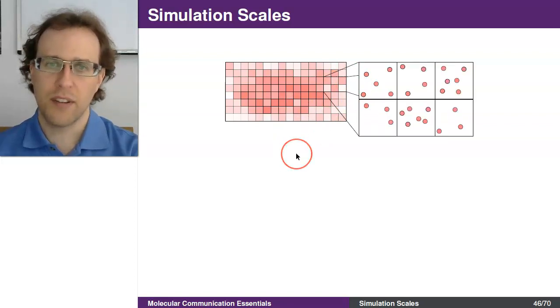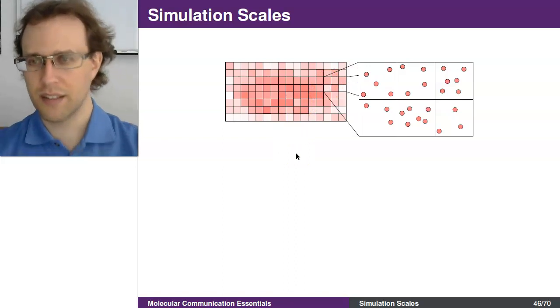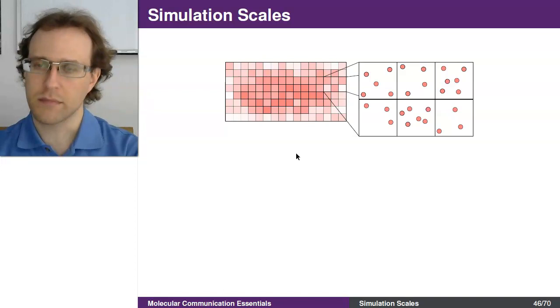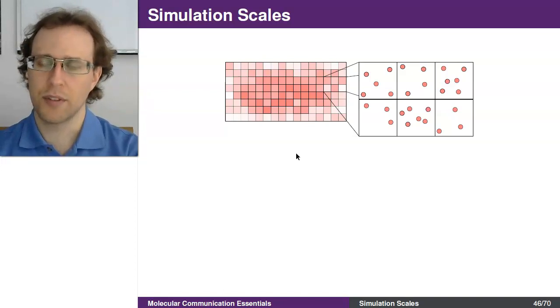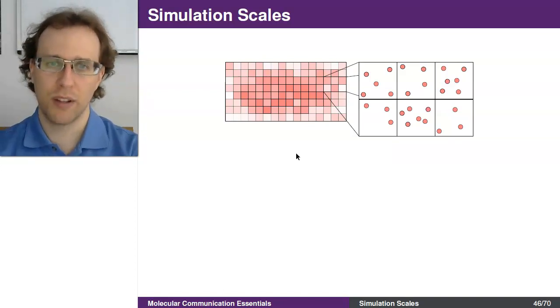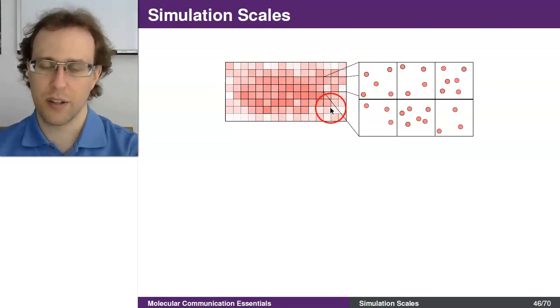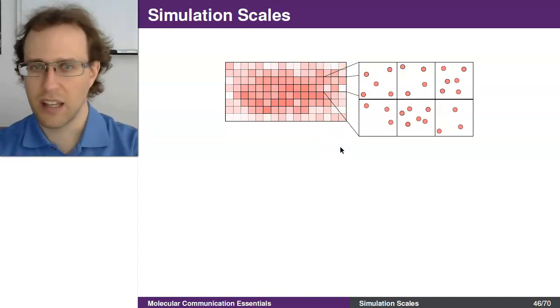If you have molecule counts that are not enormously large, let's say they're countable, then it's more useful to consider numbers of molecules instead of analog concentrations. And you can still have your division of your space into some kind of grid. It doesn't have to be squares in either of these. You could have more sophisticated shapes like tetrahedra in 3D.